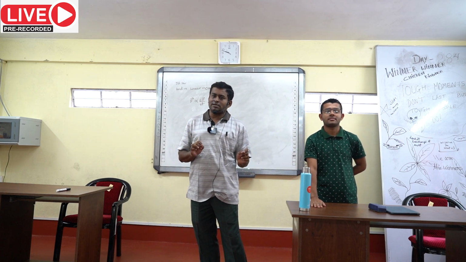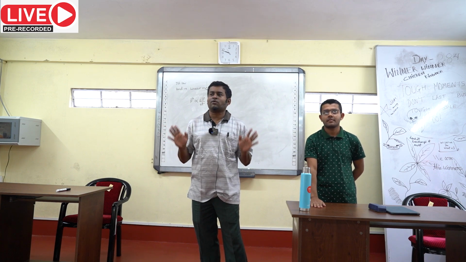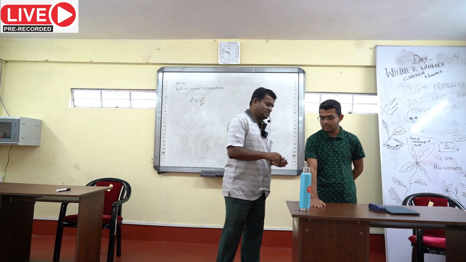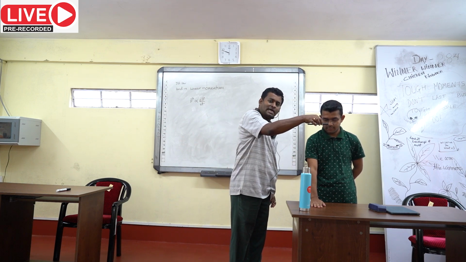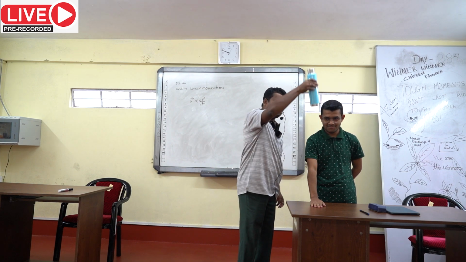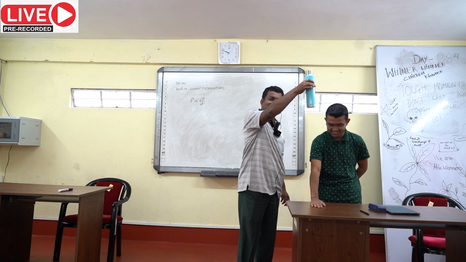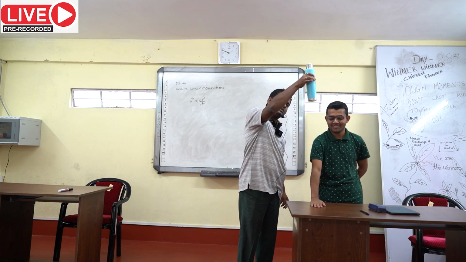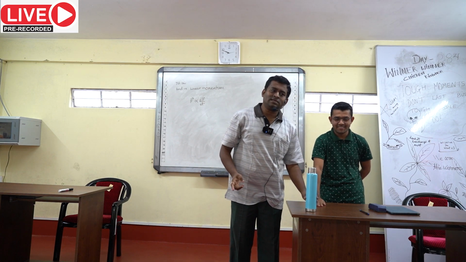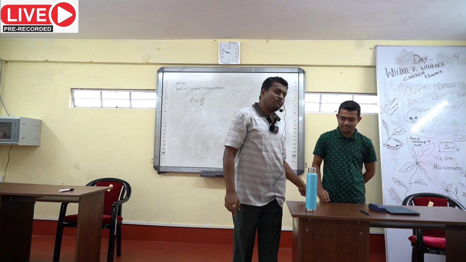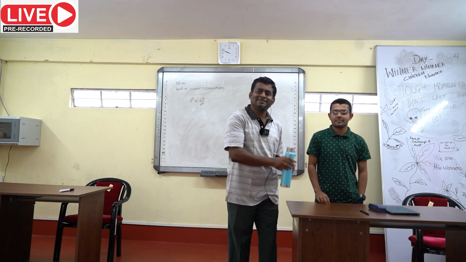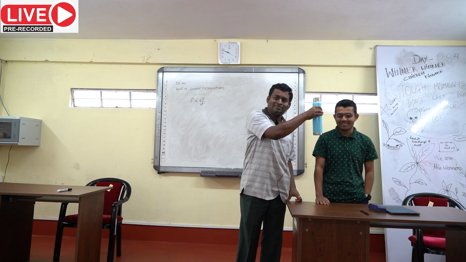Heavier mass and lighter mass, according to Galileo's experiment, fall with equal velocity. I will drop this one over his hand from this side. Now I want to drop this one over his hand from the same height. So both will move with the same velocity. So the force applied on his hand will be the same in both cases.